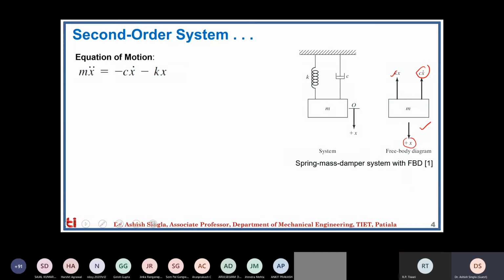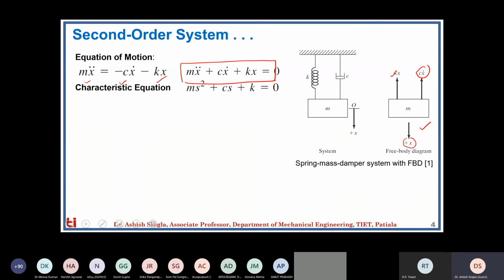So we have this equation of motion using Newton's second law, that the rate of change of linear momentum should be equal to the summation of all the forces acting on the system. We assume the downward direction to be positive. So m x double dot should be equal to minus Cx dot minus Kx, and after collecting the terms we can write m x double dot plus C x dot plus Kx equals 0 as the standard representation of the second order system.